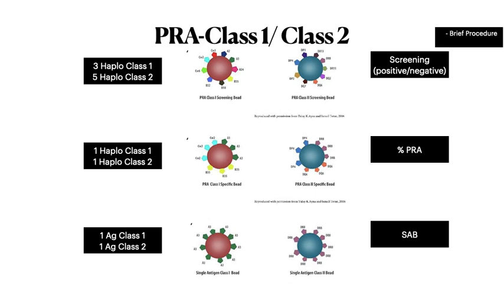So there's a class 1 bead and a class 2 bead, and among the class 1 they have three classes of class 1, and again five classes of class 2. Whenever a percentage PRA test is ordered, one haplotype is on one bead. When it comes to SAB, one antigen is mounted on one bead. So these are essentially how the bead is made.